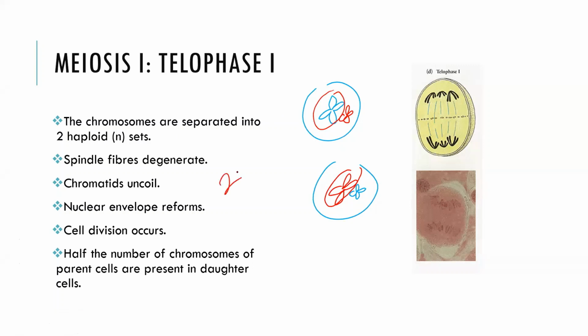So the 2N cell became a haploid cell. So the diploid cell became two haploid cells. So still we have two sister chromatids here. Right? So yeah, the spindle fibers degenerate, chromatids uncoil, nuclear envelope reforms, and cell division occurs.